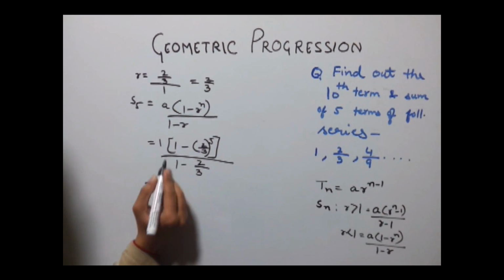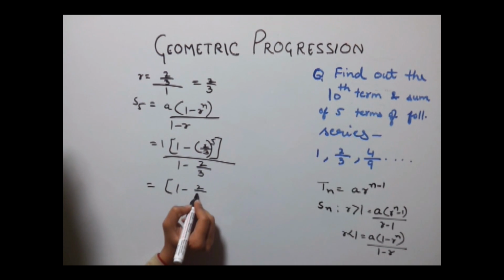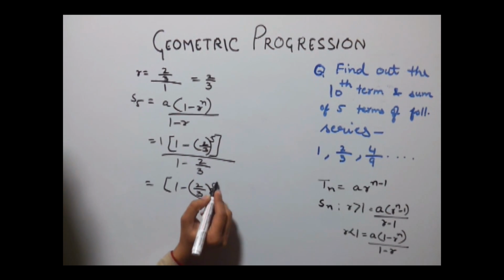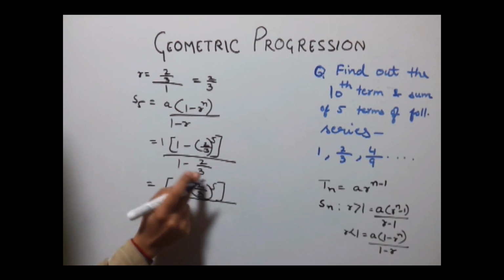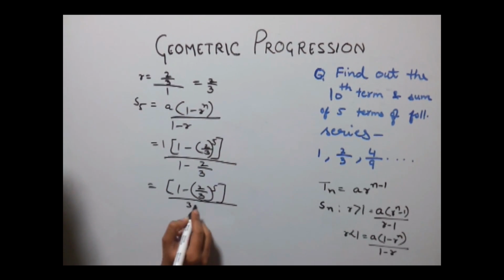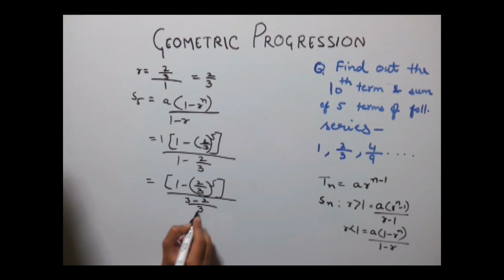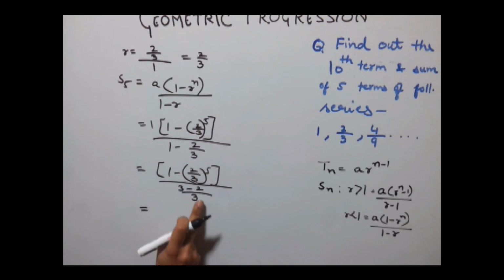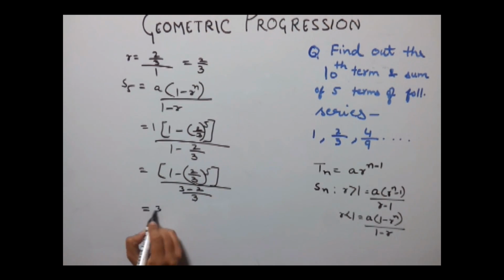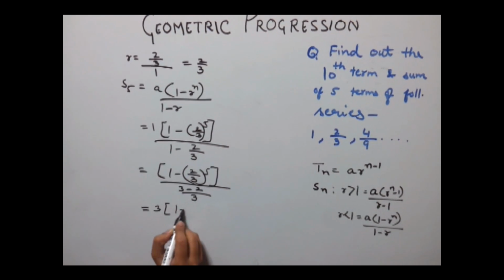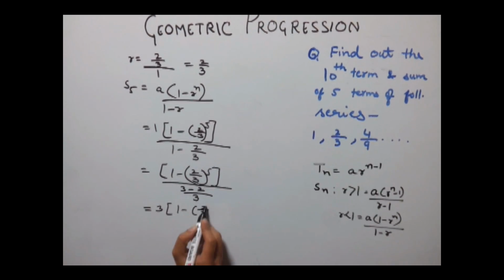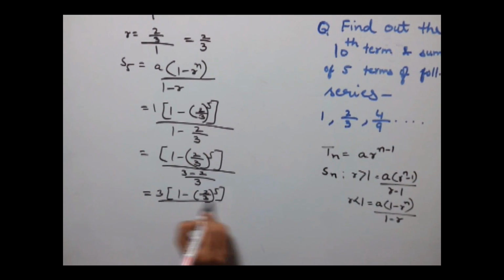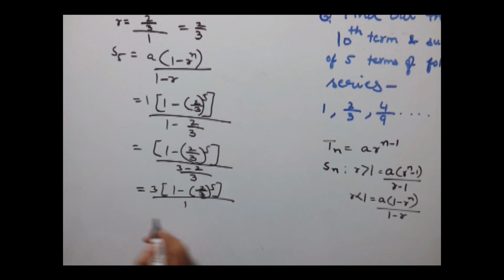So this is 1 minus 2 divided by 3 to the power 5, divided by, we will take the LCM over here, which gives us 3 minus 2 divided by 3. Taking this 3 to the numerator gives us 3 into 1 minus 2 divided by 3 to the power 5 upon 1, because 3 minus 2 is 1.